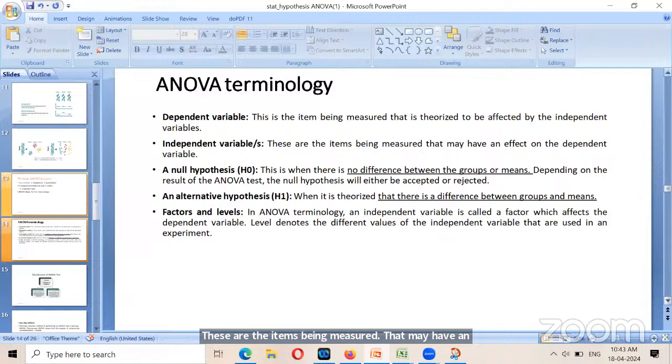So the dependent variable is influenced by the independent variable, right? Suppose a null hypothesis: this is when there is no difference between the groups or means. And the alternative hypothesis: there is a difference between groups and means.